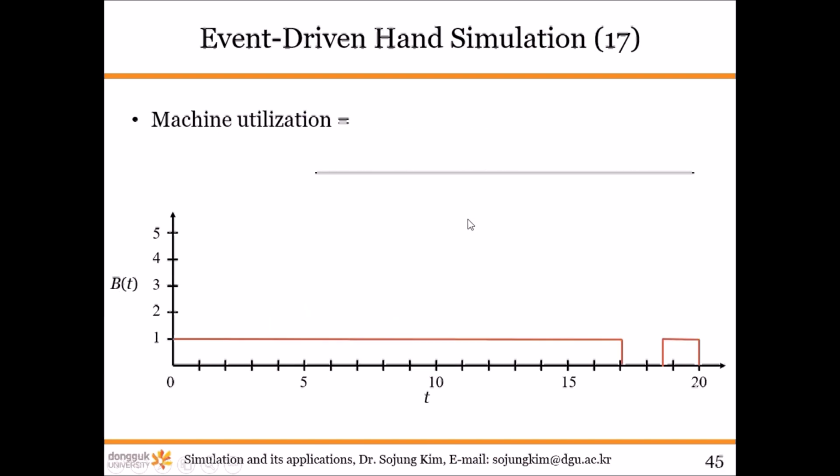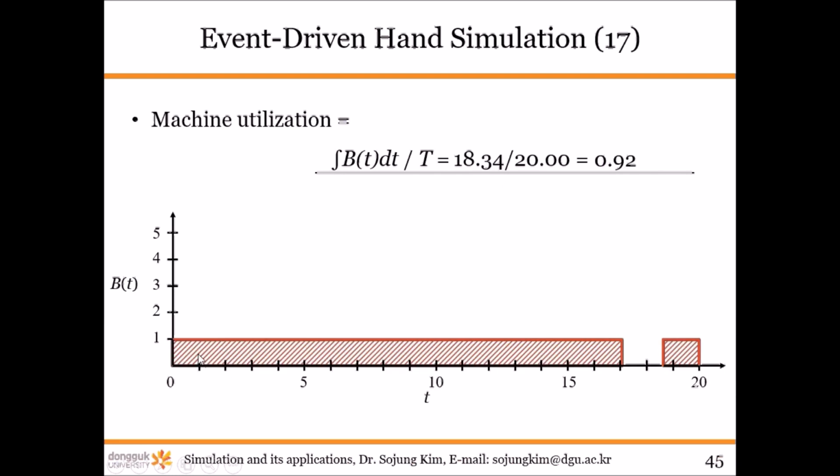And then machine utilization. Basically, it's calculated by this equation, and you can get 18.34 as the size of this shaded area, and then divide this value by 20, which is the simulation runtime, right? We ran the simulation model for 20, and then you will get 0.92. That's how you calculate the two time persistence statistics.